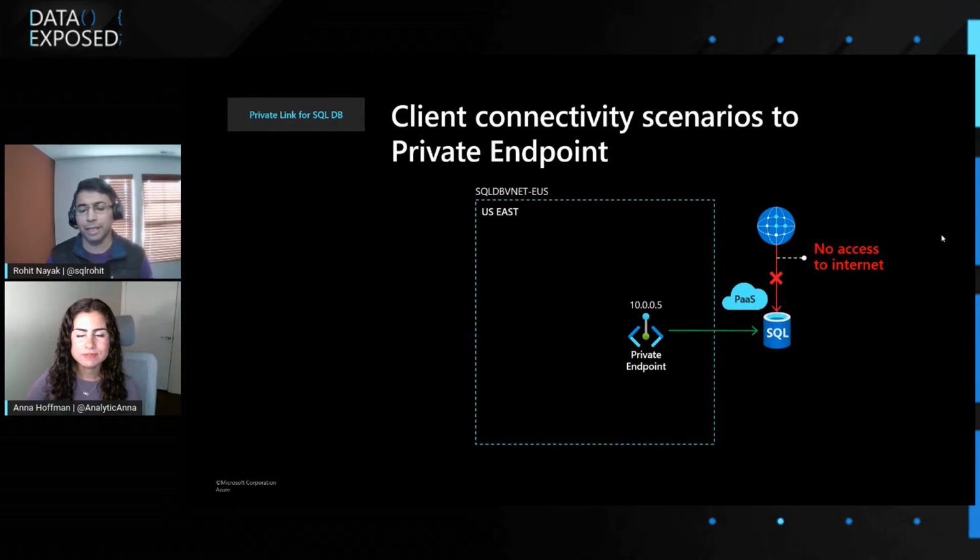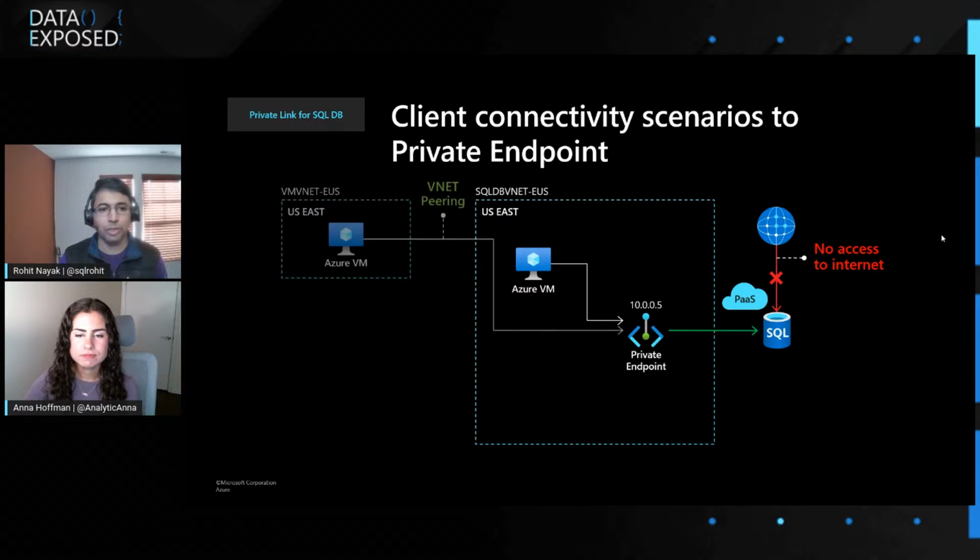And I'll briefly talk about the various ways in which you can enable connectivity to the private endpoint here. You can have a client that's in the same VNet, which is pretty straightforward. You can have VNet peering, where you have a peered VNet under the same subscription, and then this just works seamlessly.